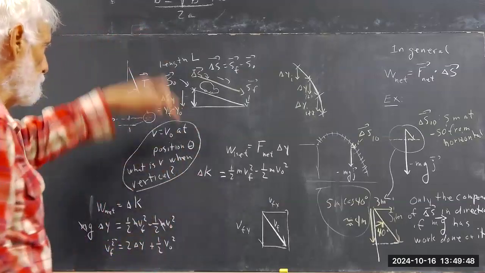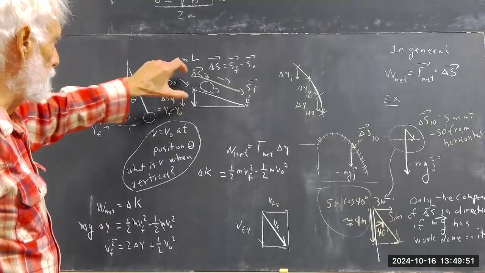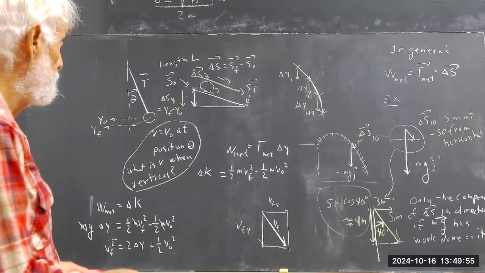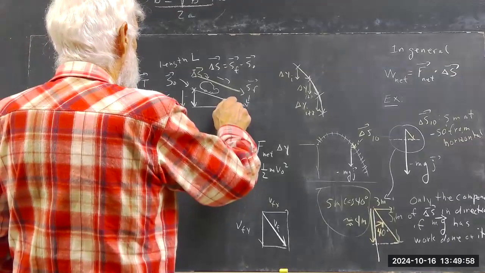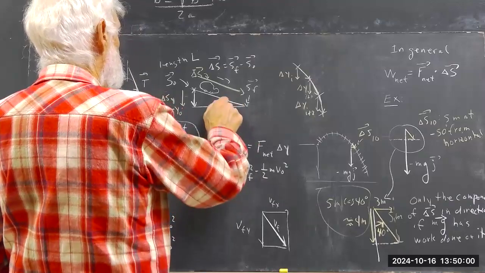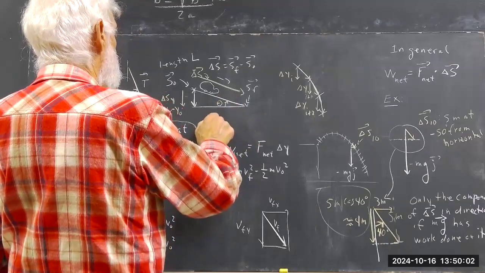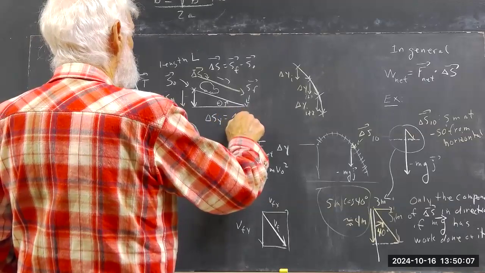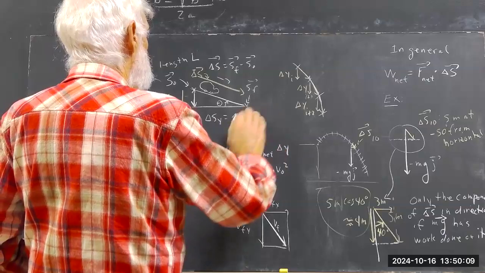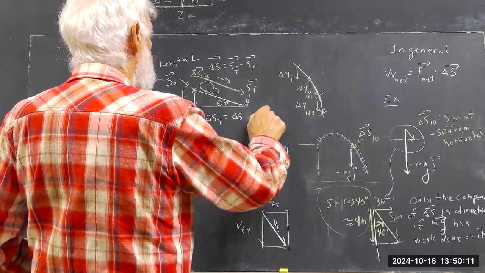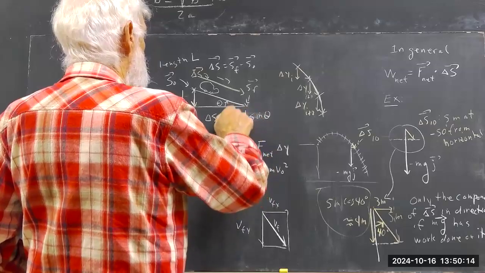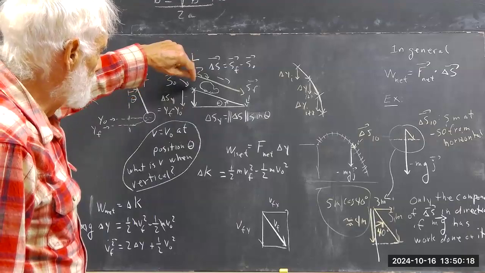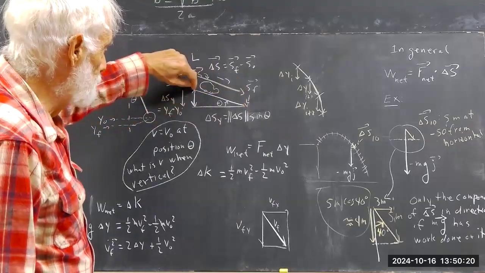If y is your vertical coordinate, then the y component of delta s is just yf minus y naught. This angle is theta. And the y component, okay, well, delta s is a vector, like the vector from here to here.